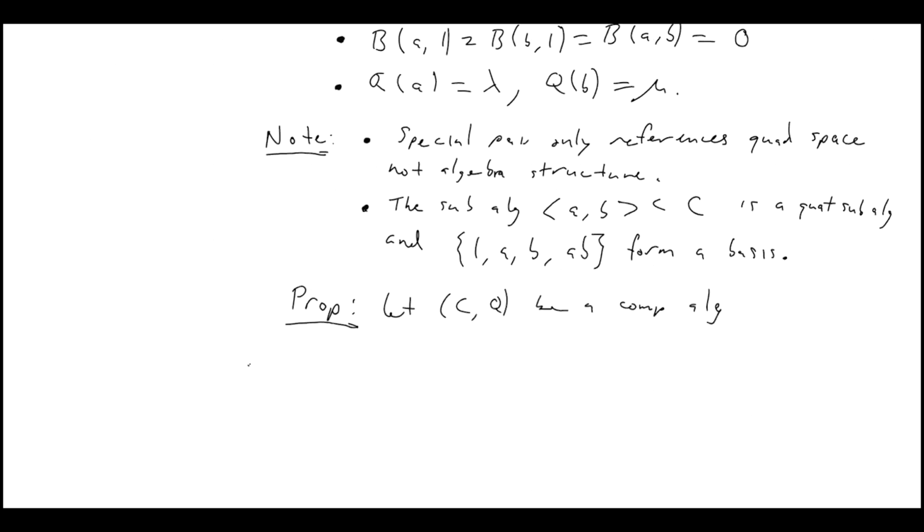So we'll have C, Q, a composition algebra, and lambda, mu, two non-zero elements of the field.